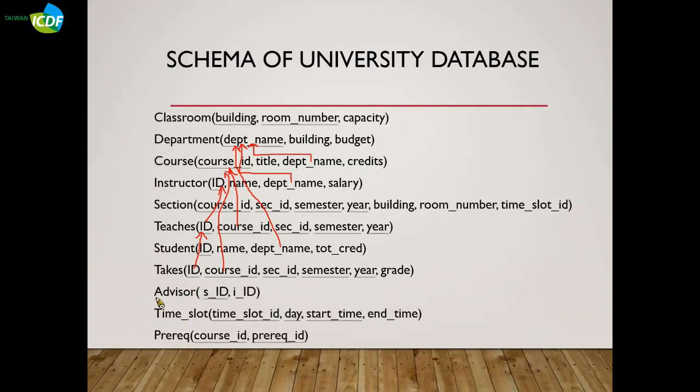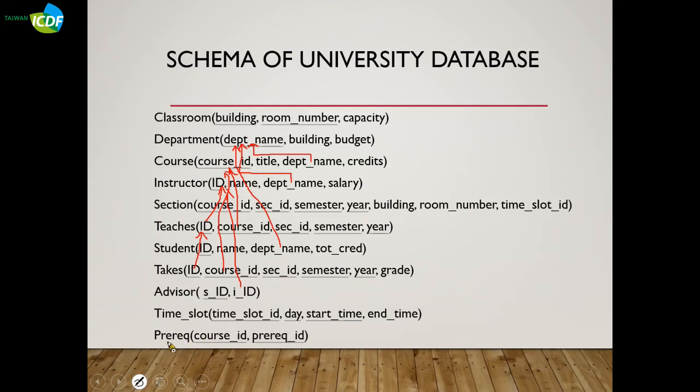As to the advisor table, the non-key attribute is ID, and ID is the primary key of the instructor table. So here it is also a foreign key, referencing the instructor table. As to time slot, we can find there's no foreign key.